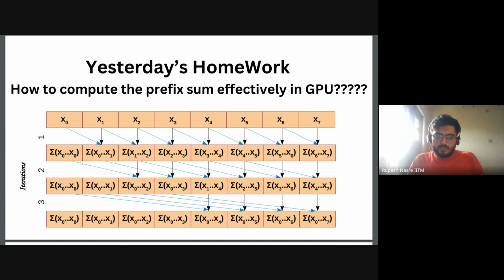If you are taking this array as 0 indexed, then it should be greater than or equal to 1. So this is array index 0 1 2. From the 1st index we are only computing the sum on the indexes which are greater than or equal to 1, right?